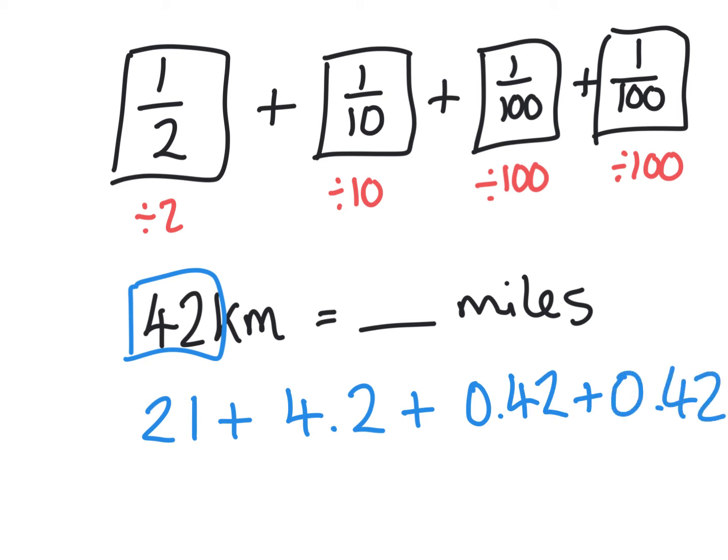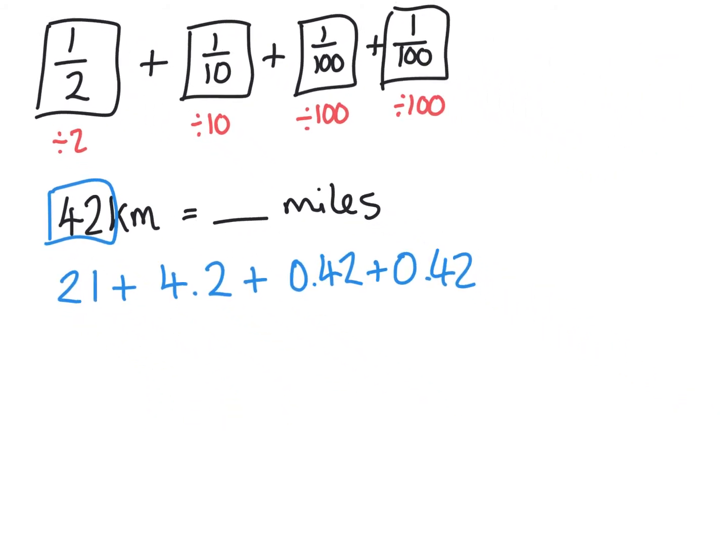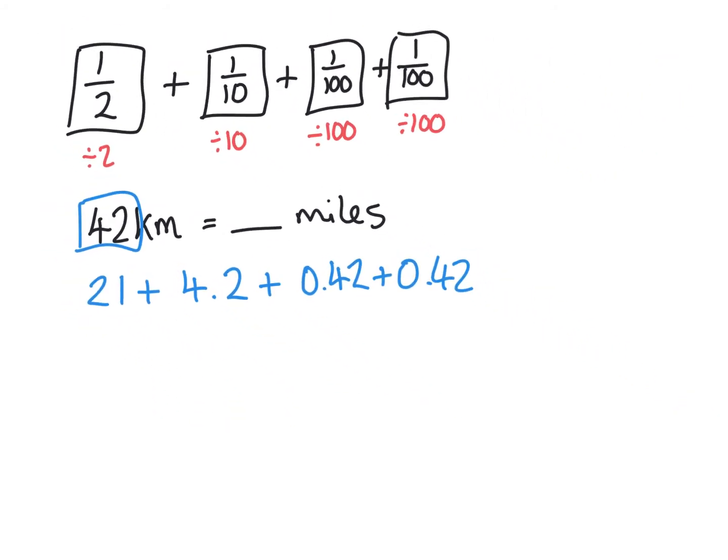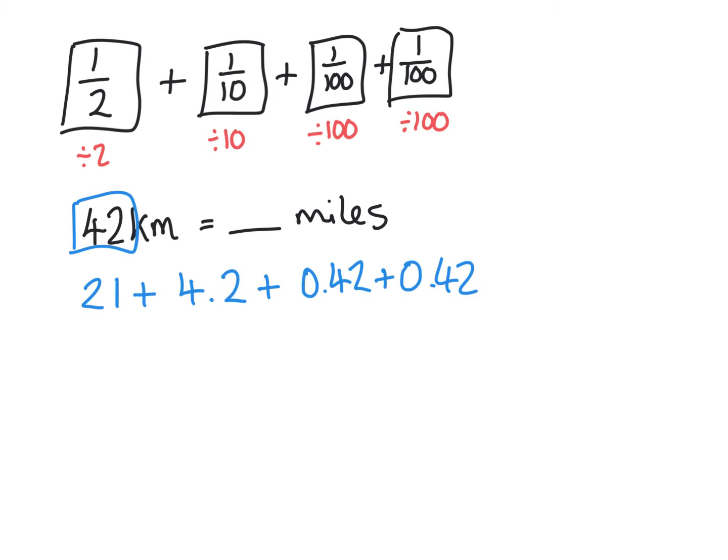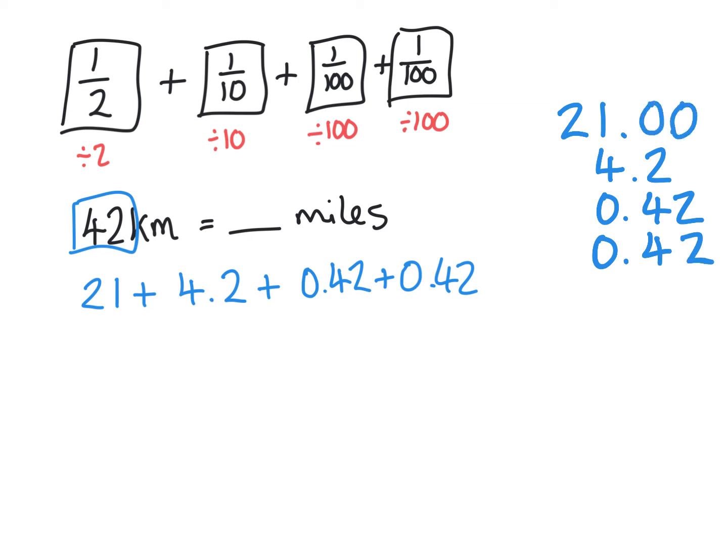Now, if we try and do that without column addition, we're probably going to lose track of it. So let's just shrink that up there, out the way, and let's get a column addition on the go. So 21, 4.2, 0.42, and 0.42. Now all the numbers that are above are going to be zeros.